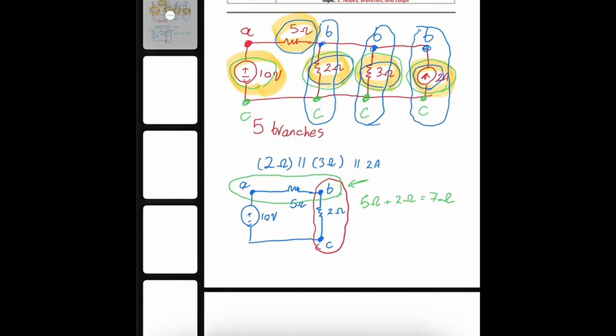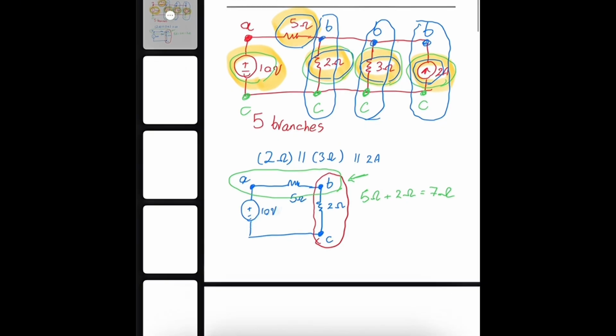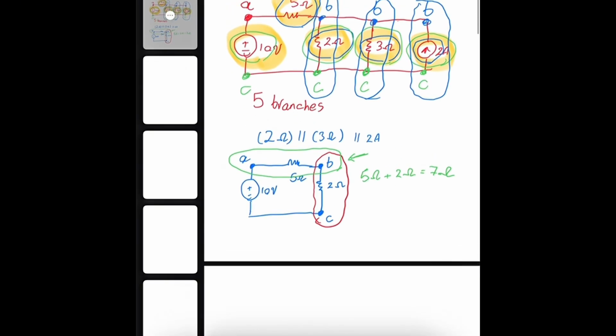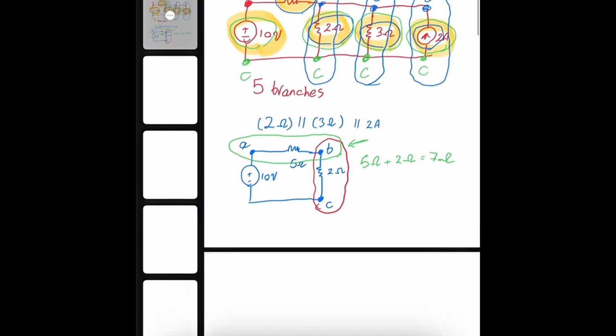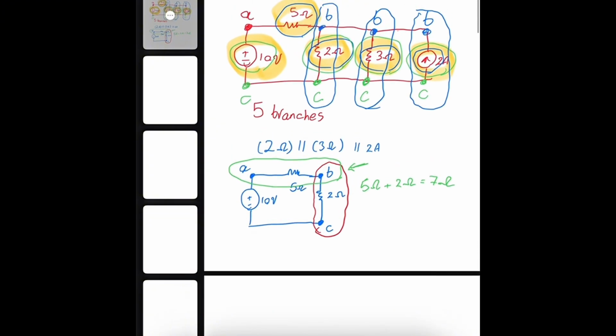Okay, now we are talking about loops. What is a loop? A loop is any closed path in the circuit. Okay, how many closed paths will you see in this circuit? We can see many of those. Let's see what the first closed path is over here.